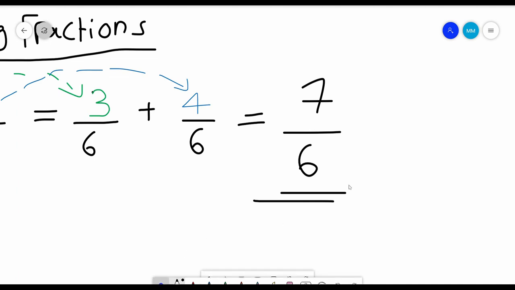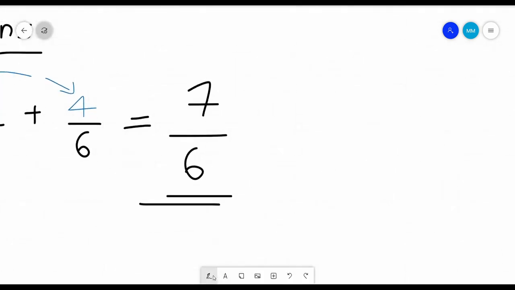Although some students, and it is technically right, will say, no, you can't do that. This is a top-heavy fraction, which means that the top number, the numerator, is bigger than the denominator. Okay, fine. The quickest way of dealing with it is this.